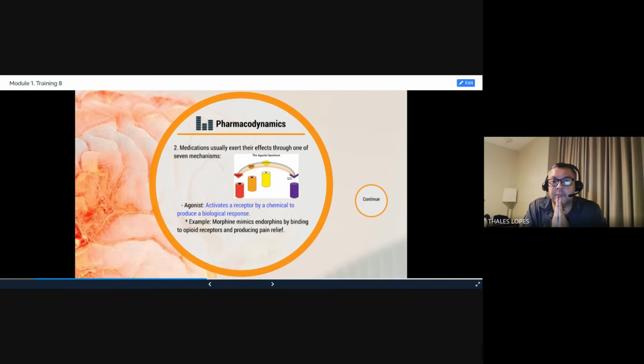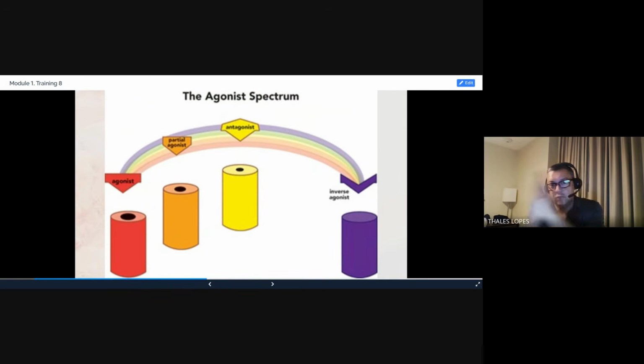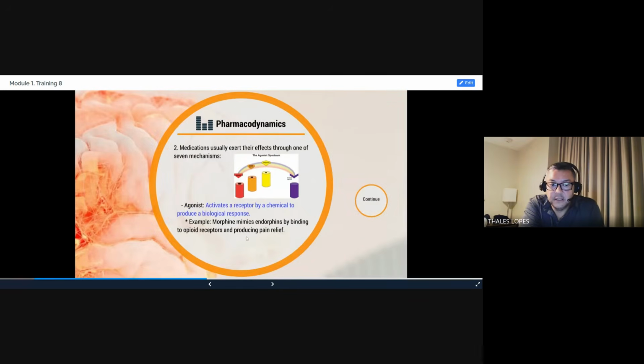When we talked about the receptors, we have this spectrum. A for agonistic, all the way to inverse agonistic. And in between that, we have partial agonistic and antagonistic. So what the drug does to us. So you need to know this exactly as I am saying here today.